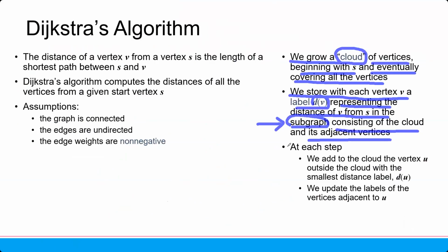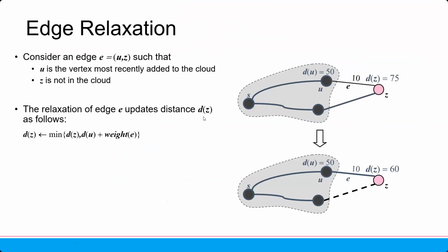So for every step, we add a vertex u outside the cloud with the smallest distance label d. And then we update the labels of the vertices adjacent to u. Maybe it's better to see the example. Okay.